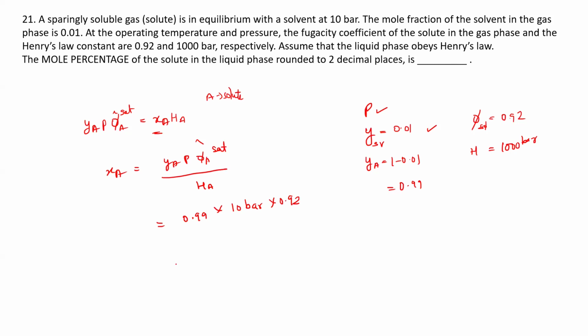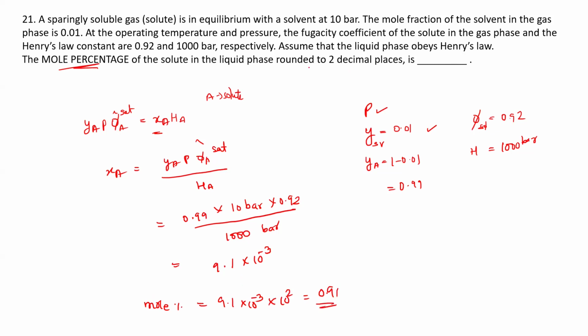So this gives us XA equals 9.1 into 10 power minus 3. And since the mole percentage is asked, 9.1 into 10 power minus 3 into 10 square equals 0.91, rounded to 2 decimal places. Understood? Right.